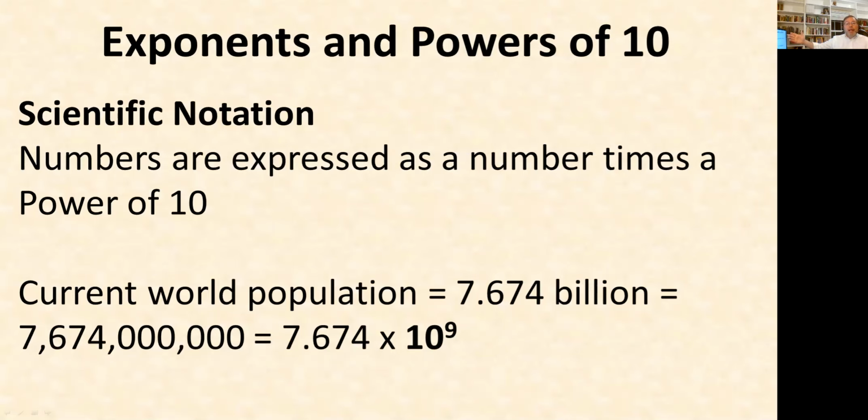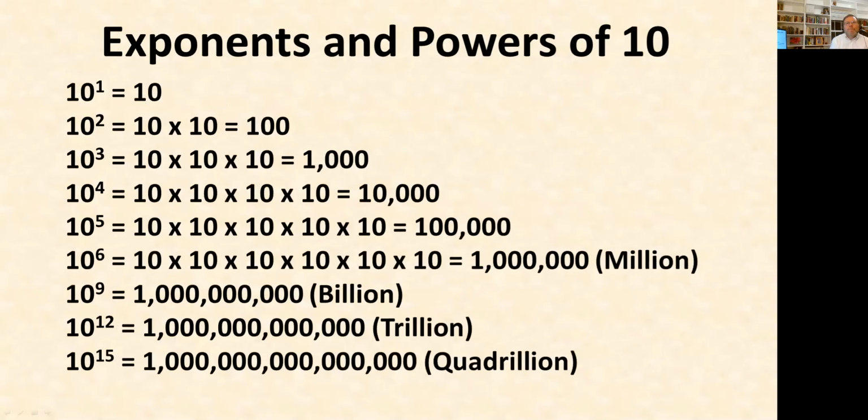Instead of writing a giant long number, they give you an integer and a decimal and multiply it by a power of 10. For example, the current world population, 7.674 billion, I know I counted them all this morning, would be expressed in scientific notation as 7.674 times 10 to the ninth power.